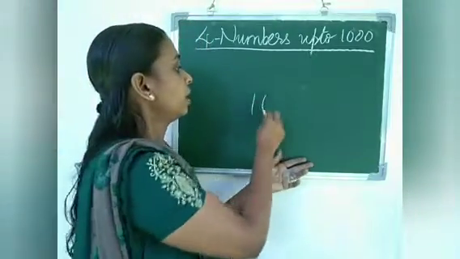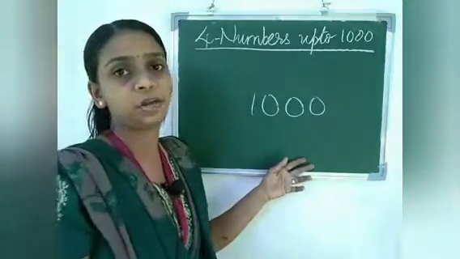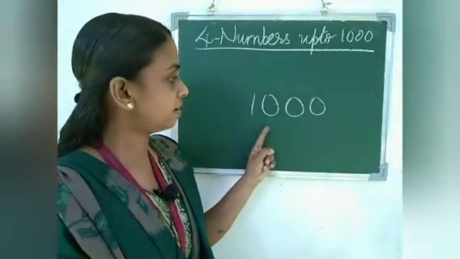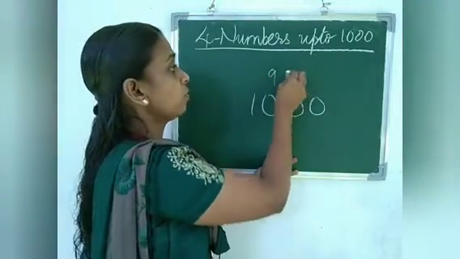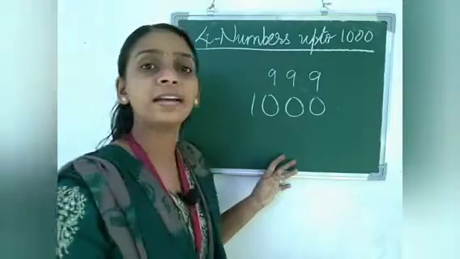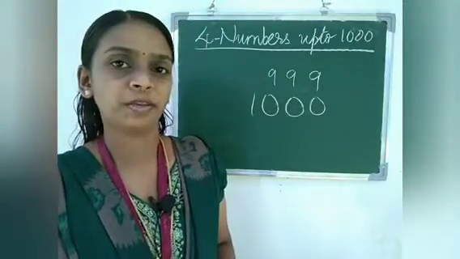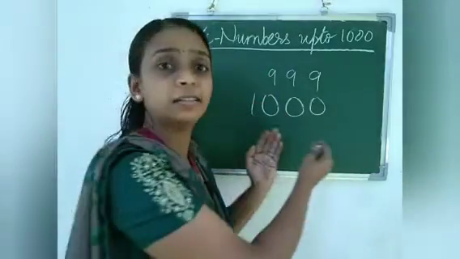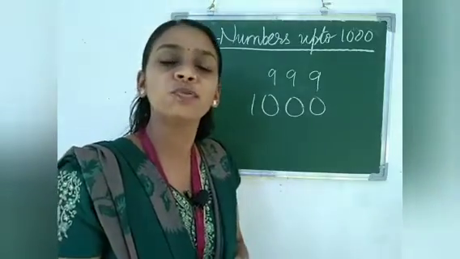Look here, 1000 has four places: ones place, tens place, hundreds place and thousands place. So before 1000 we write the number 999. That is the greatest 3-digit number, because after 999 the number is 1000. It is a 4-digit number.